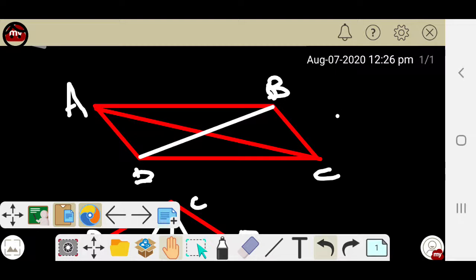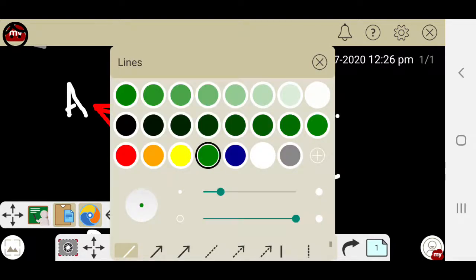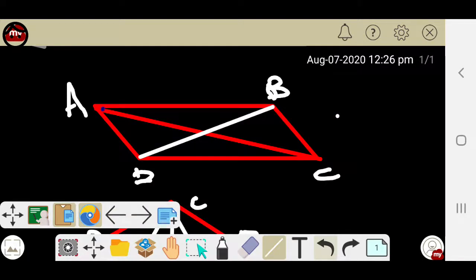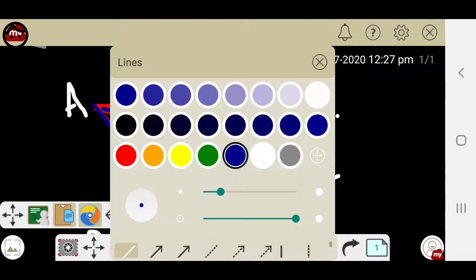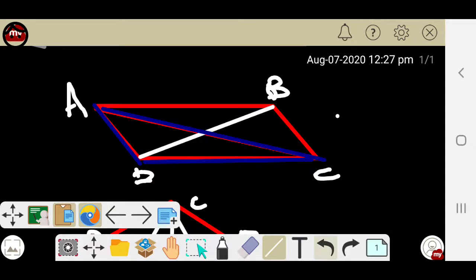Okay. Then here, total how many triangles are there? First the blue color one, then this yellow color two.